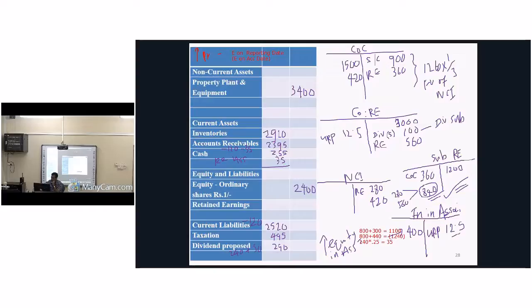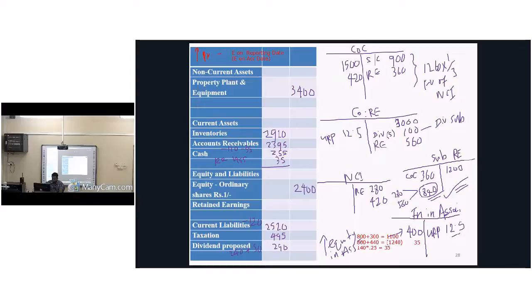This adjustment should be made separately in associate cases. Understand? Increase in share of associate should be accounted as investment in associate debit 35 and credit to consolidated retained earnings.